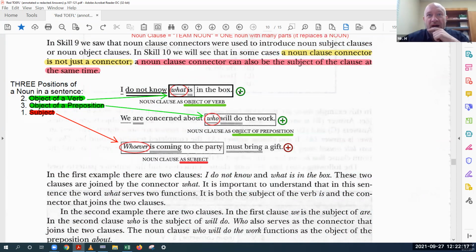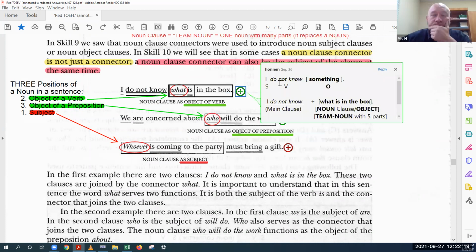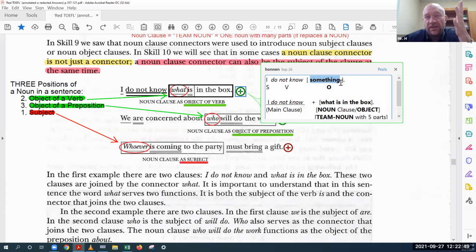All right, Al-Harbi, can you read this? I do not know something. What is something? It's the object. Why? It follows the verb. Good. And then here, read this. I do not know plus what is in the box. It's a noun clause and object. What's the difference between something, this one, and this one?